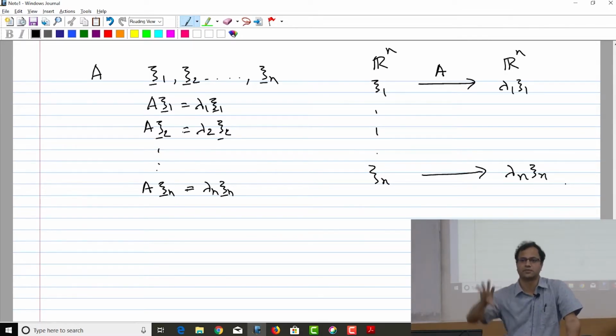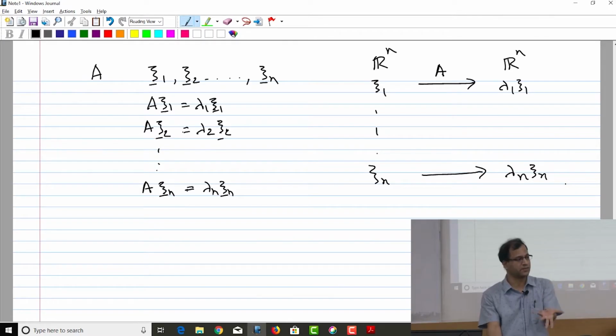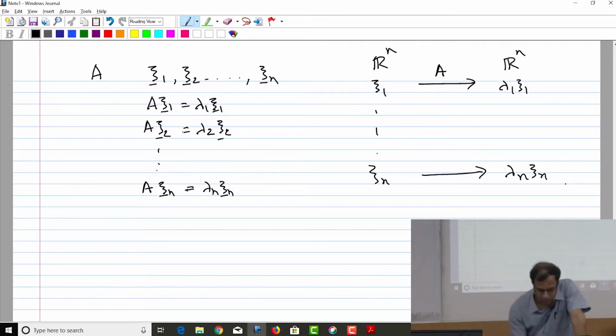For a square matrix, both the domain space and the range space are the same. If we are able to find this kind of mapping, it's simple to check how to express the matrix A in terms of its diagonalization.